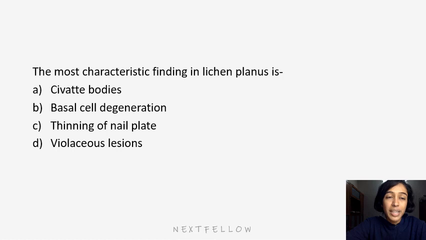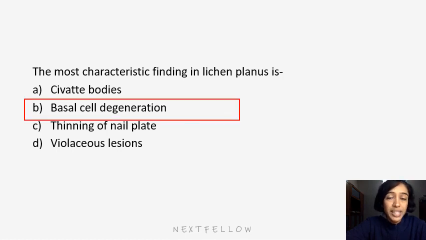Basal cell degeneration is quite characteristic of lichen planus and lichenoid conditions as well. Thinning of the nail plate is not seen exclusively in lichen planus. Violaceous lesions indicate lichen planus but can be seen in many other conditions as well. You may have erythema multiforme, which may look violaceous on dark skin type. So that's not classical. Basal cell degeneration would be the best answer in this case.